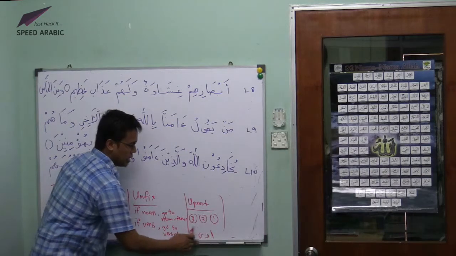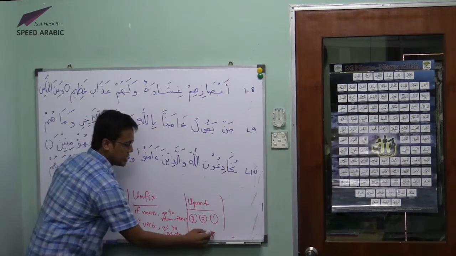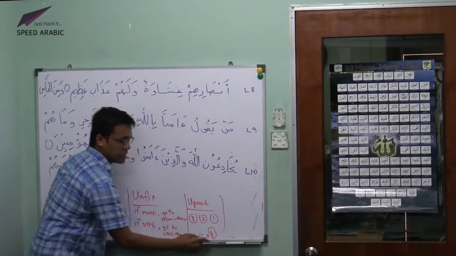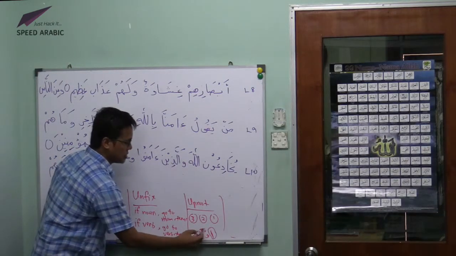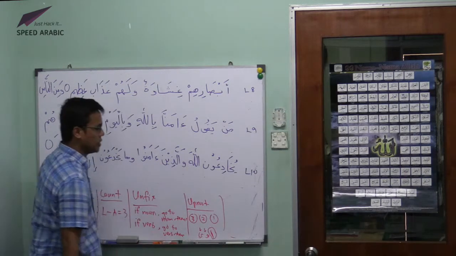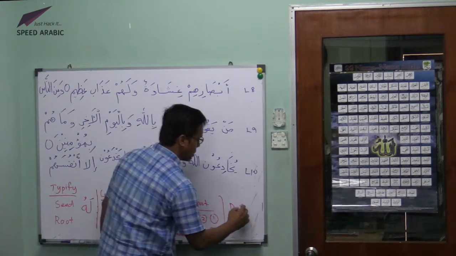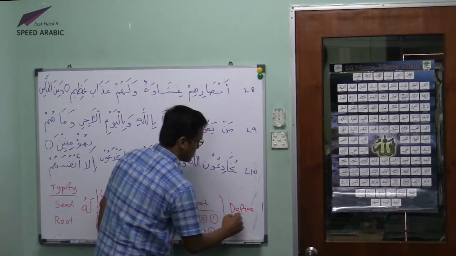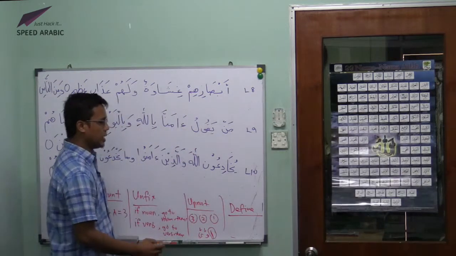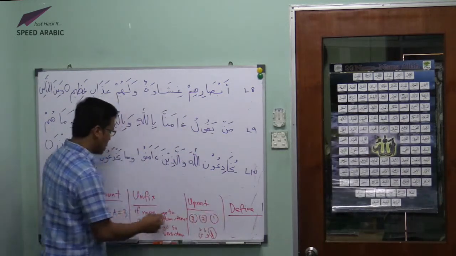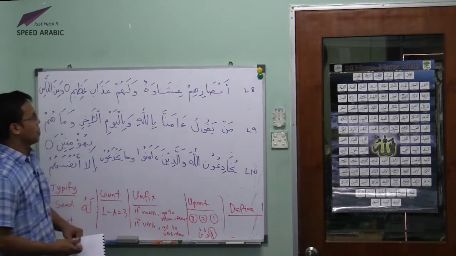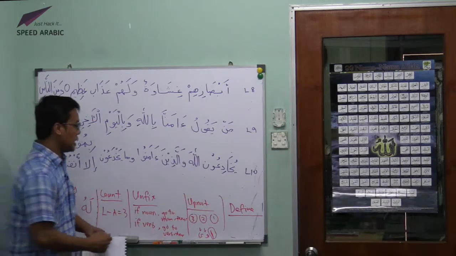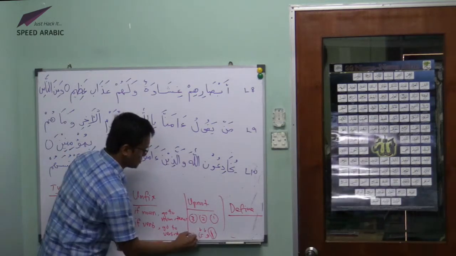In the dictionary it is reflected as alif, but in terms of sequence you will find it either as a waw or a ya. At the end you define the word by looking for the target word that you were looking for. Sometimes hamzah.